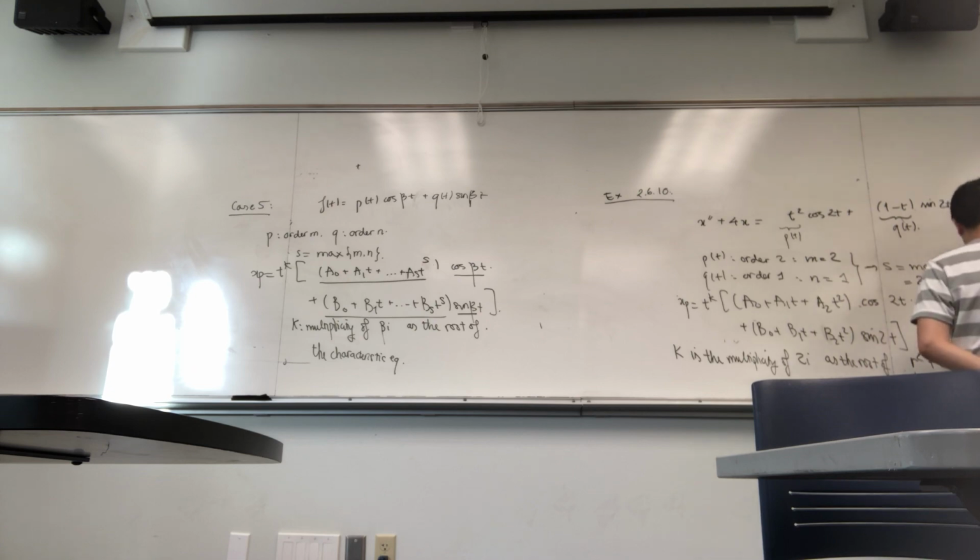So then you have xp is t times (a0 plus a1 t plus a2 t squared) cosine of 2t plus (b0 plus b1 t plus b2 t squared) sine of 2t.